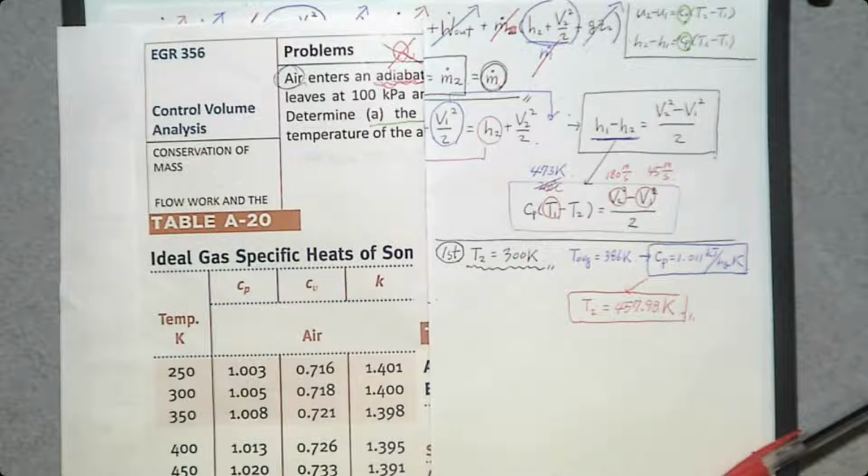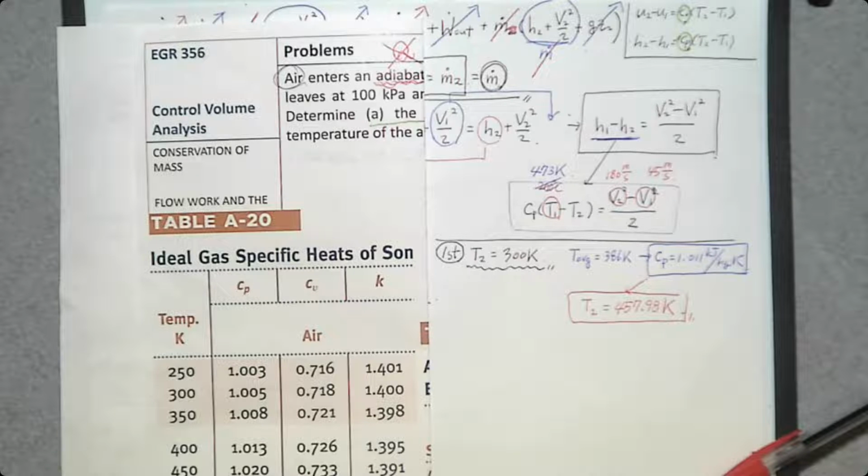So this is how you determine the exit temperature. Are you satisfied? No. Why is that? We have to make an assumption to solve this problem because T2 was not available, because otherwise we couldn't get this specific heat.